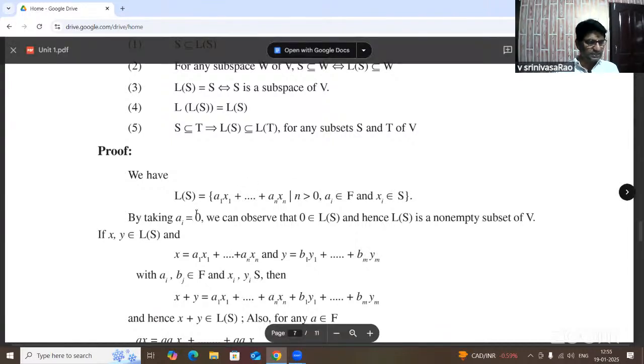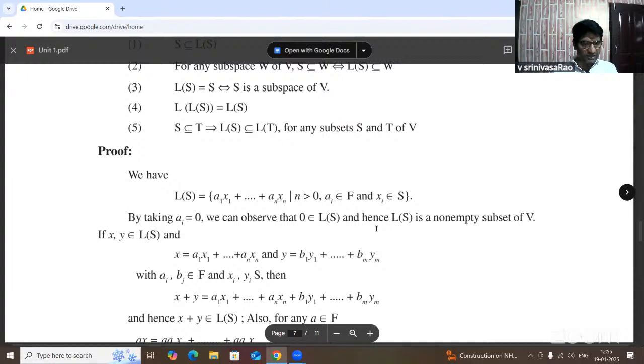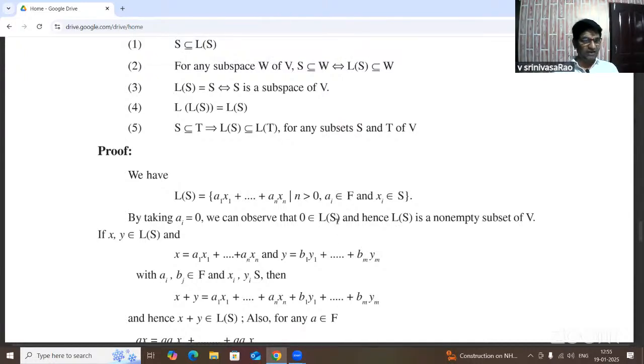By taking the scalars, each and every one, equal to 0, ai equal to 0 where i varies from 1 to n, we can observe that 0 is at least one of the elements in the linear span, in L of S. So L of S is non-empty, because 0 is one of the elements. That element is in L of S.